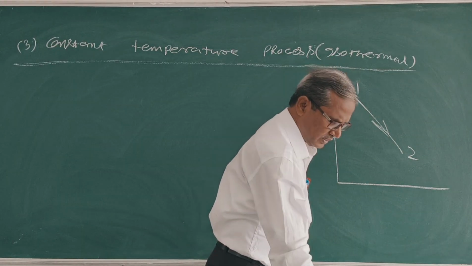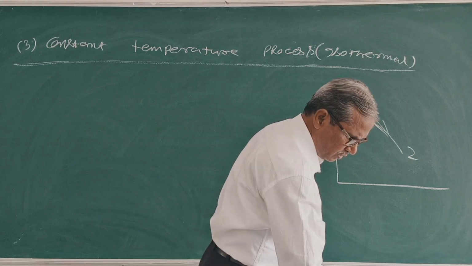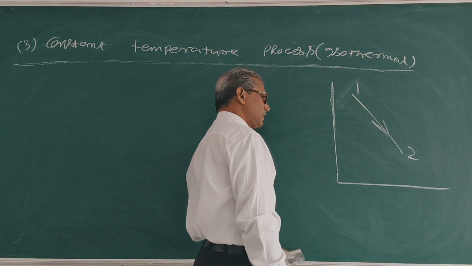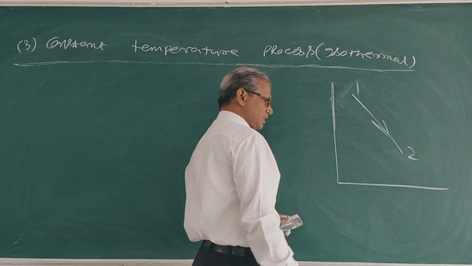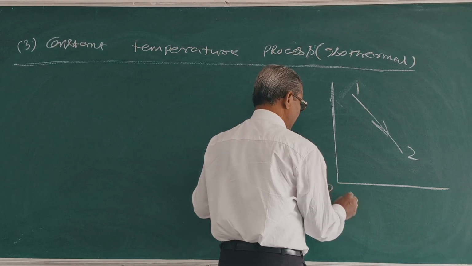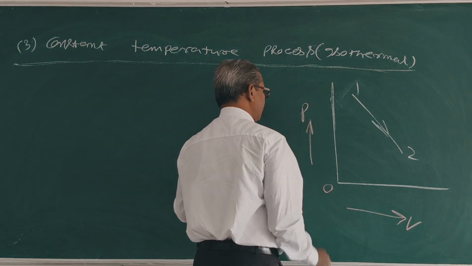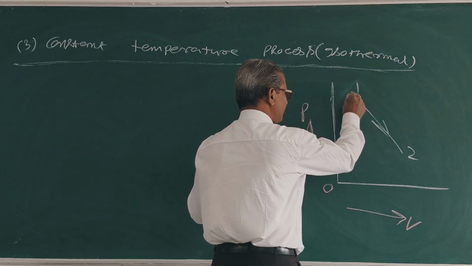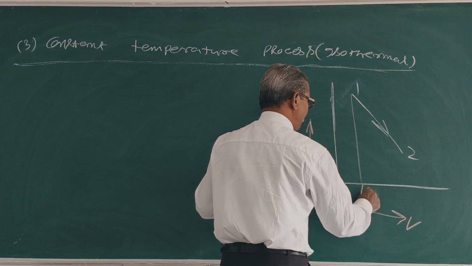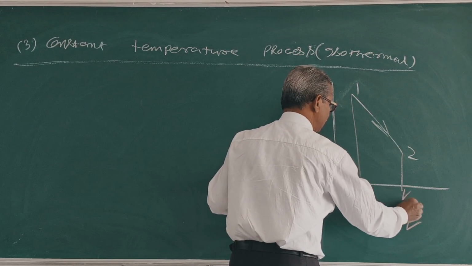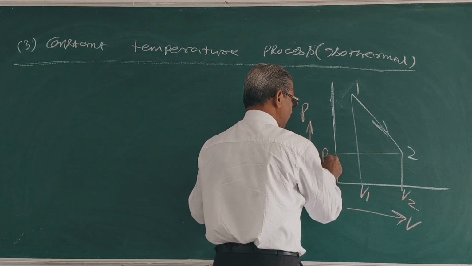In this case, temperature is constant. So volume increases, pressure decreases. Pressure decreases, volume increases. This is the origin, volume V, pressure P. Clear? This is V1, this is V2, this is P2, this is P1.